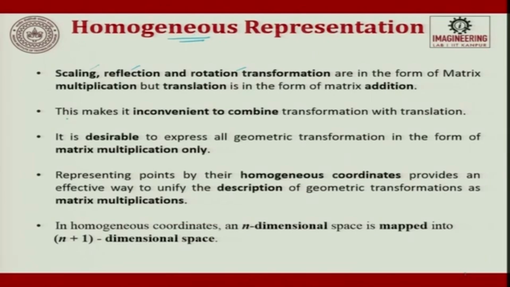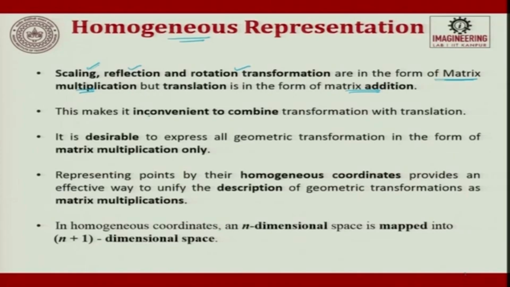Why is it required? Scaling, reflection and rotation transformations are in the form of matrix multiplication, but translation is in the form of matrix addition. So these three are in terms of multiplication and translation is in terms of addition.